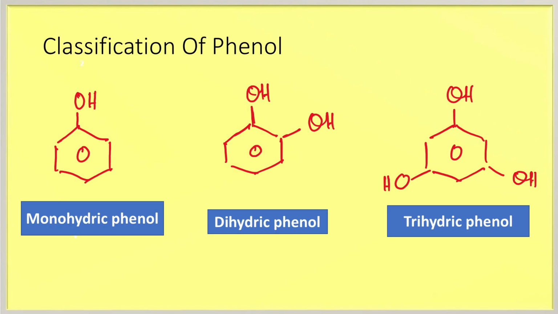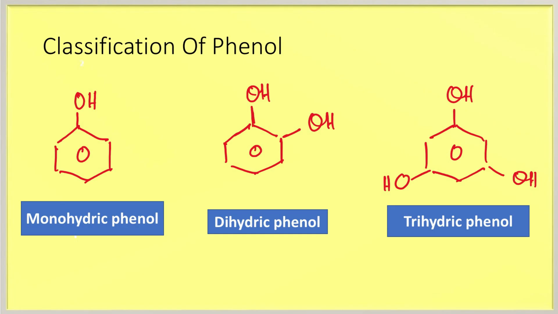The name of this compound is catechol, very popularly known by this common name. Then trihydric phenol, also displayed, has 3 OH groups, so it is called trihydric phenol. So they are classified into 3 classes: monohydric, dihydric and trihydric phenol, which is displayed on your TV screen. So you have some idea right now.